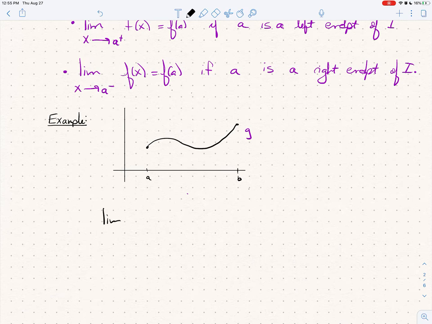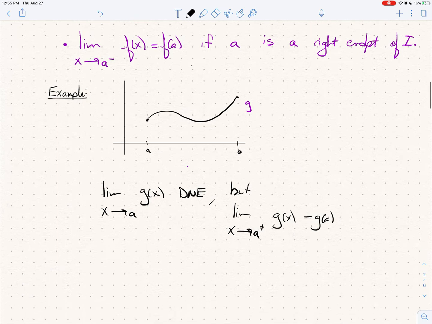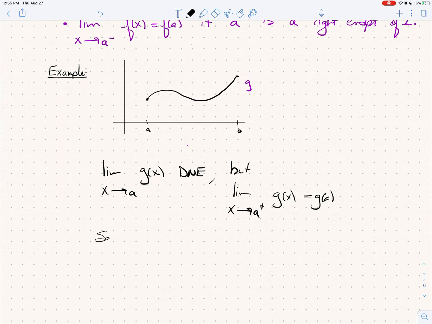So even though the limit as x goes to A of g of x does not exist, the limit as x goes to A from the right of g of x exists and is g of A, and so on and so forth. Same for the limit as x goes to B of g of x. This one doesn't exist. You know what?